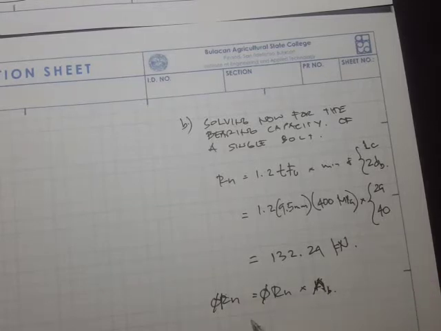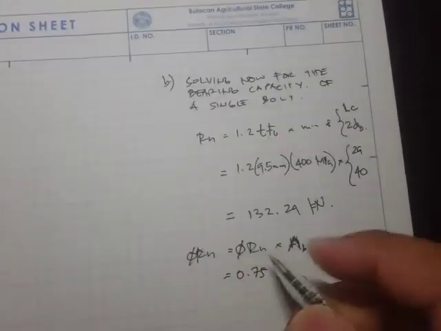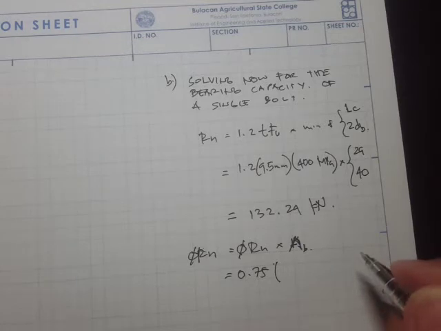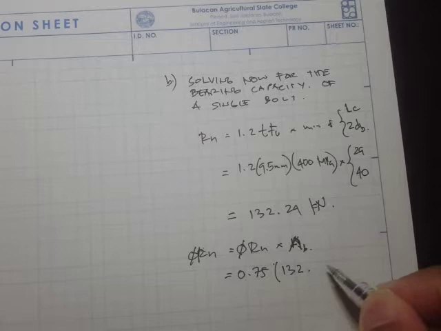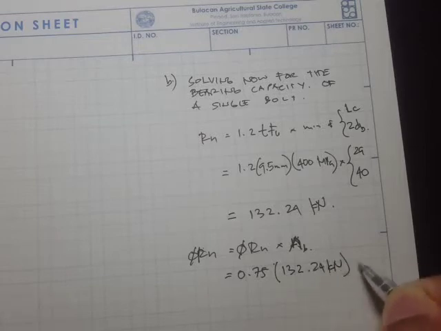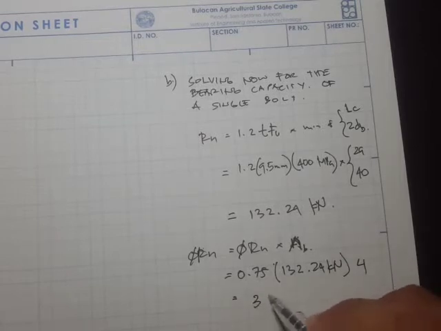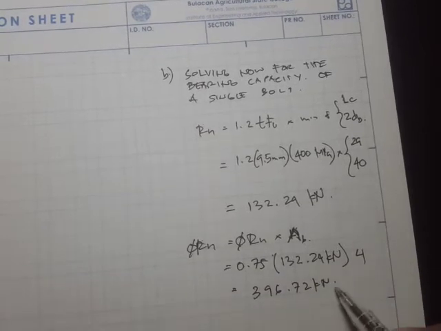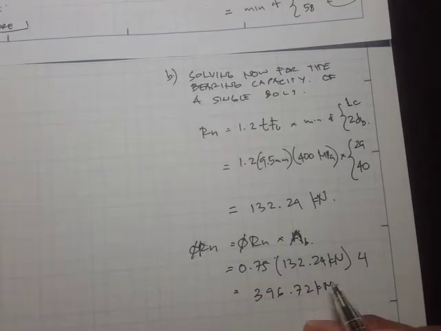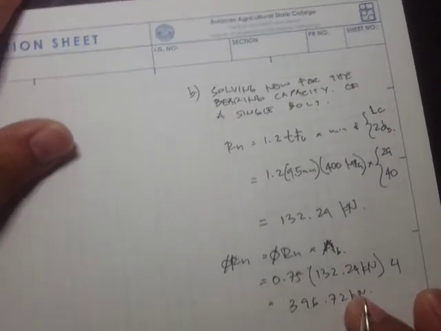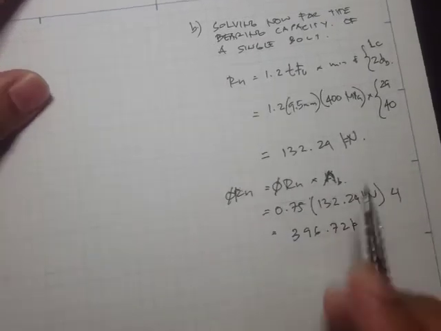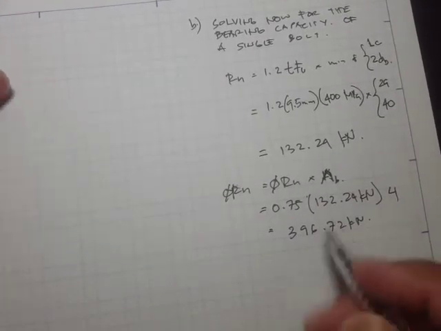So that's going to be 0.75 times the Rn, 132.24 kilonewtons times 4. That's going to be 396.72 kilonewtons. Okay, so that's going to be our bearing capacity of the bar.